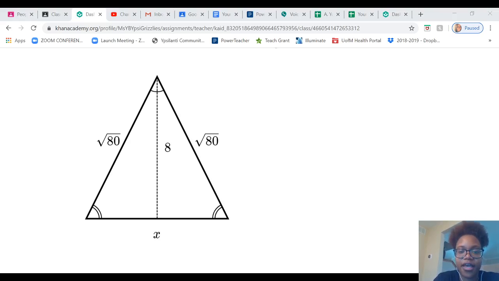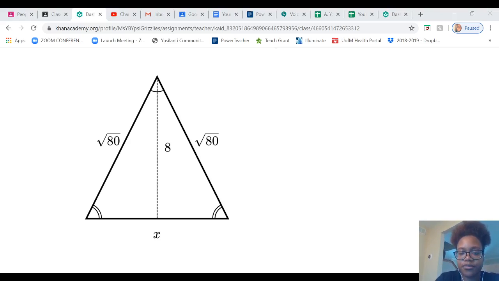So we're going to have a equals 8, b equals y, and that's because those two sides are making the right angle. And then our c is going to be the square root of 80 because it's across from the right angle. So our equation is 8 squared plus y squared equals the square root of 80 squared.